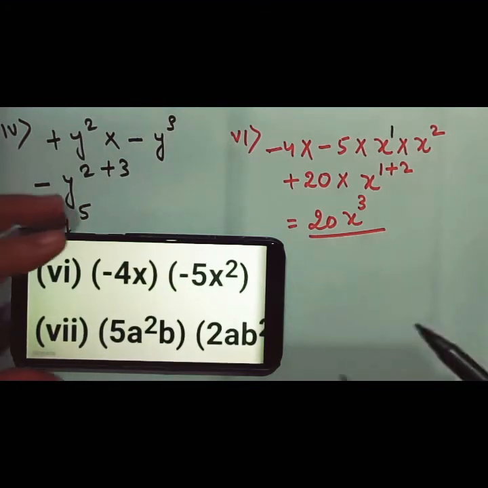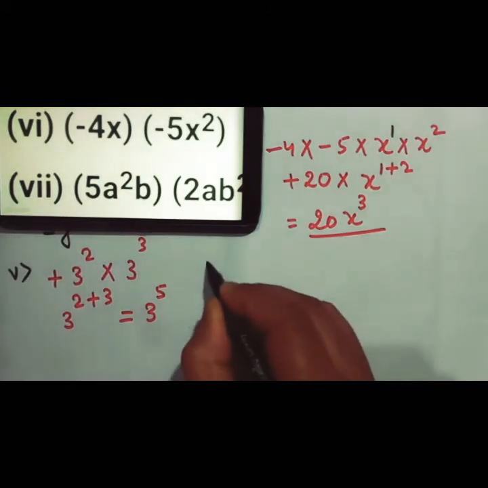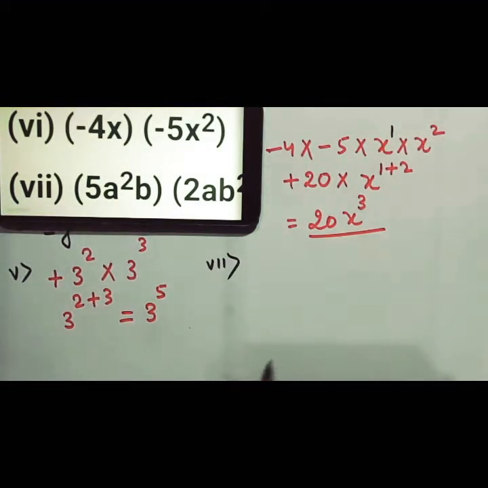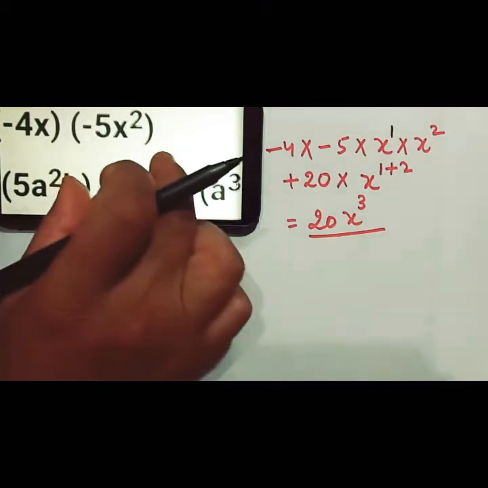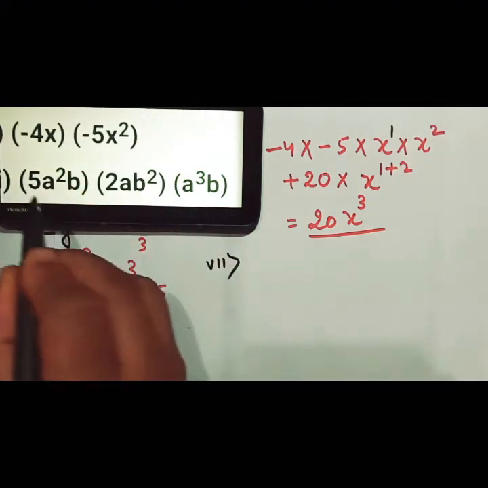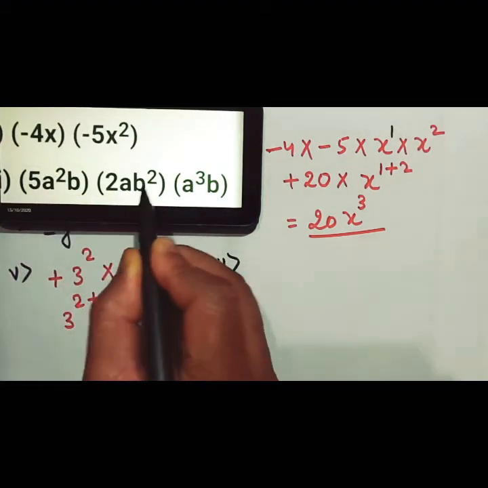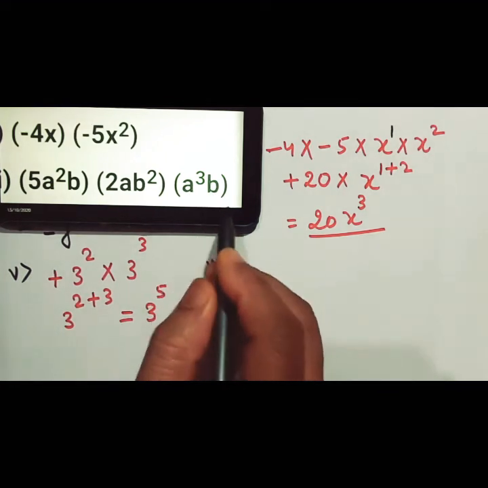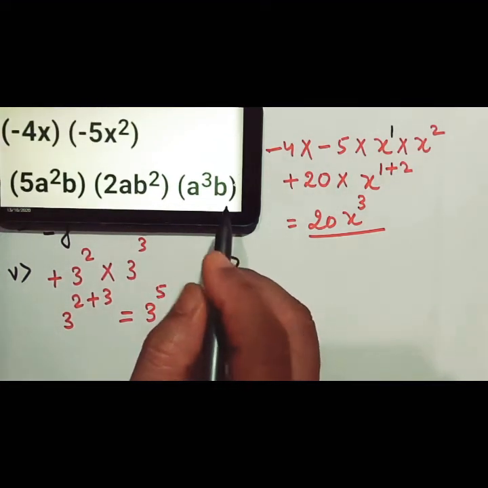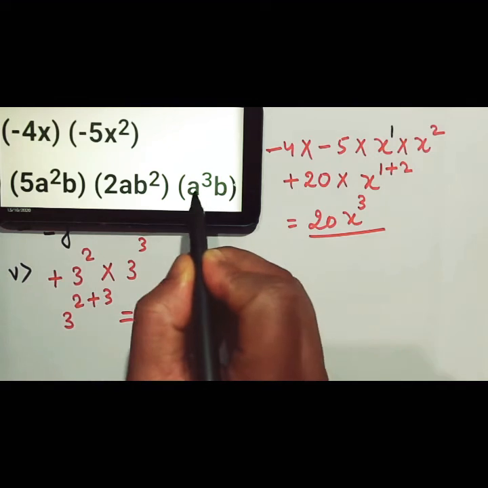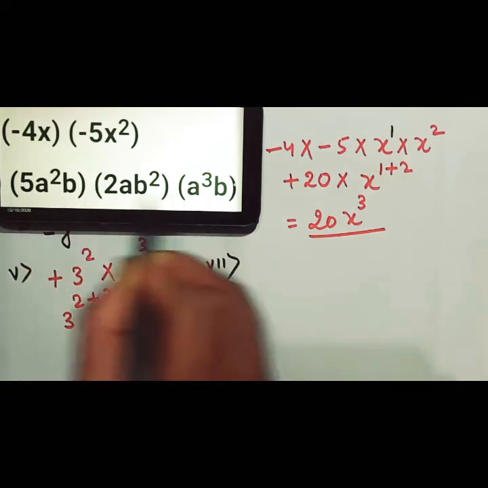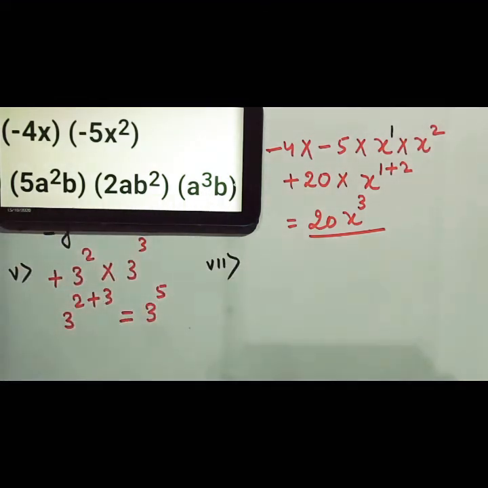Now let us concentrate on the other one, that is 7. 7 says 5a square b, 2ab square and a cube b. This means here we have two variables, a and b, all of them in multiplication form.